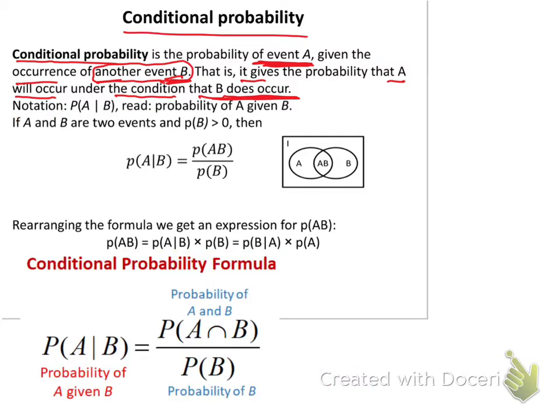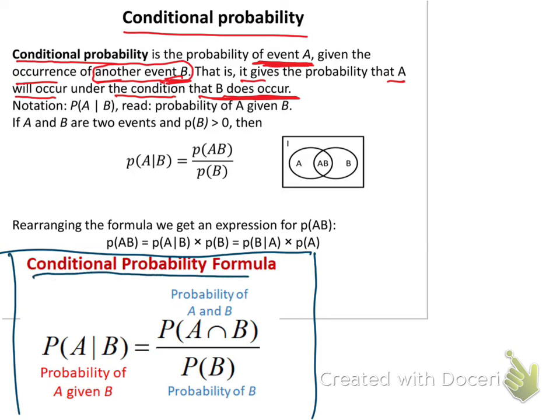So, luckily, the formula of the conditional probability is easy to memorize. If we look here down at this box, the conditional probability formula, the probability of A. Keep in mind that what we want to find is the first one, the probability of A. This is the one which we are looking for, given that B is given.